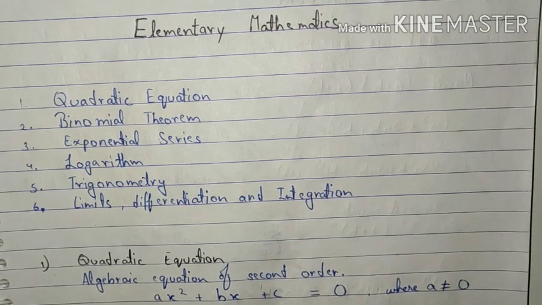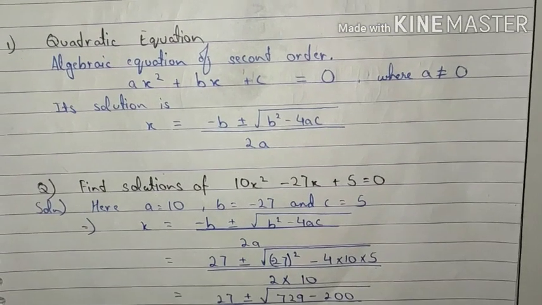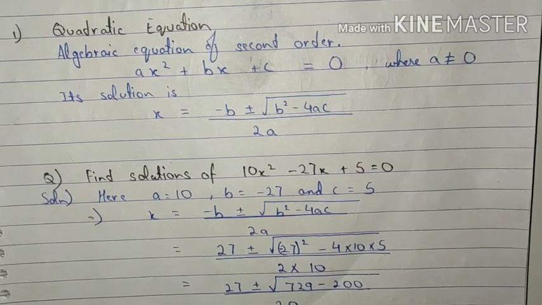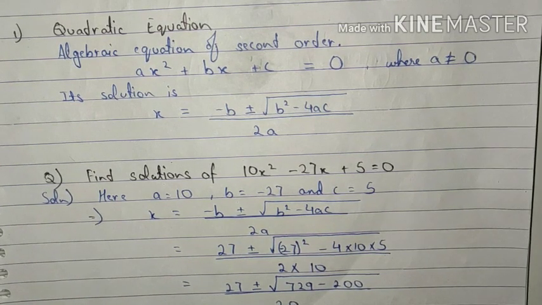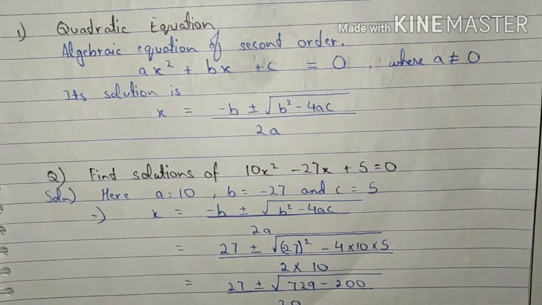Let's move on to the first thing, that is quadratic equation. As you all know, a quadratic equation is an algebraic equation of second order. That is, in a quadratic equation, the highest power of the variable will be 2.